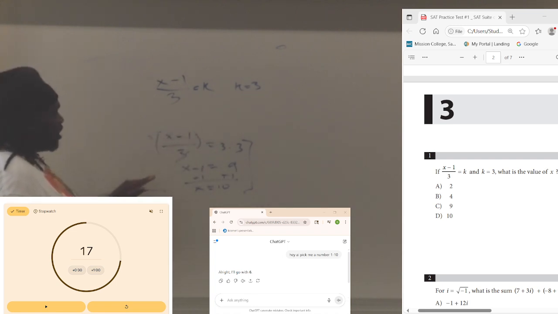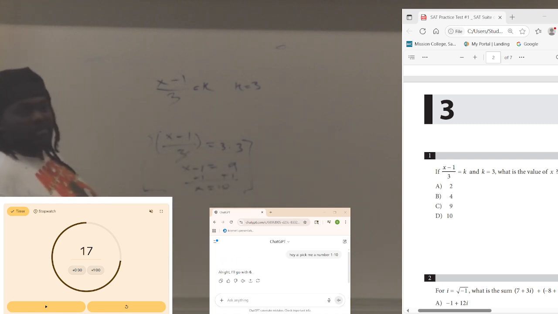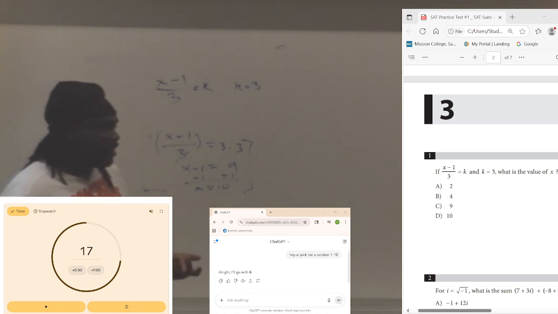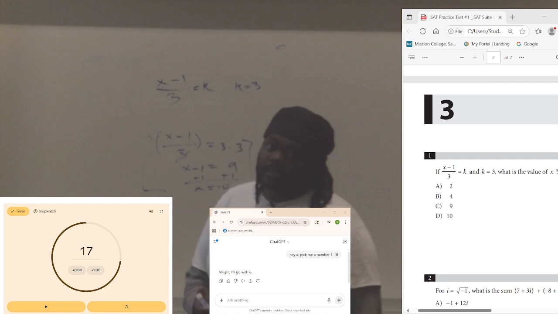So then you have 3 times 3, right? Equaling 9. Then x minus 1 equals 9. Now, you can just say 10 minus 1 equals 9. But we can do the same process that we did to cancel out the 3 by canceling out what's with our variable here. We're adding 1. We have x equals 10. Okay? So that's pretty much how we get that problem done.